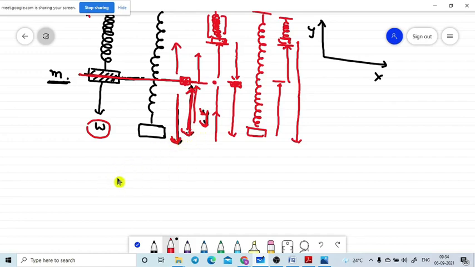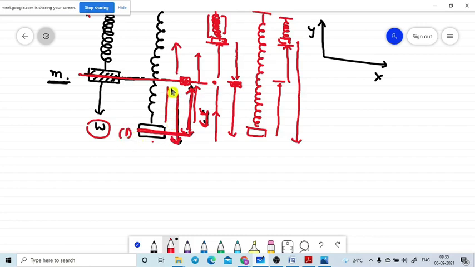That means, let me take the force. If the body comes to this position, and we release it, the body goes in the backward direction. Who is pulling this body in the backward direction? We release the body up to here. This is the position of the body. When we release it, the body goes in this direction.